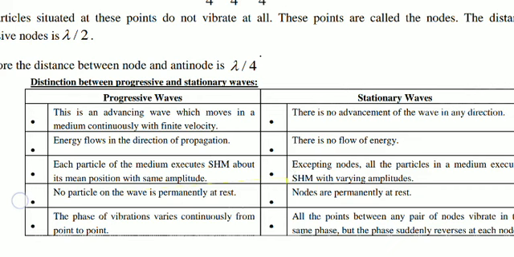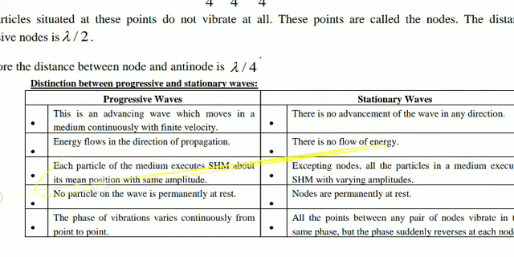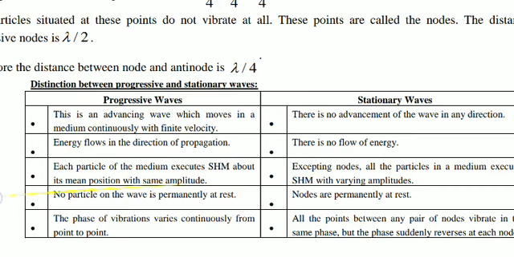Then in case of progressive wave, the energy flows in the direction of propagation. So it is very logical and obvious that wherever the wave will go, the energy will go along with it. In case of stationary wave, there is no flow of energy. In case of progressive wave, each particle of a medium executes simple harmonic motion about its mean position with the same amplitude.